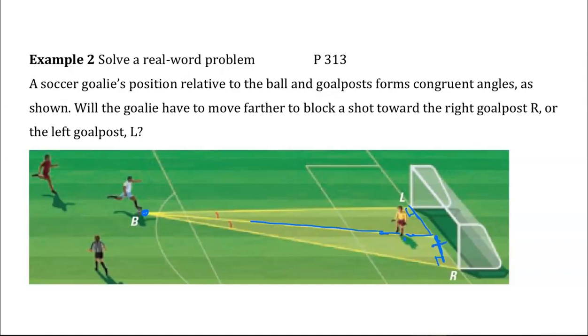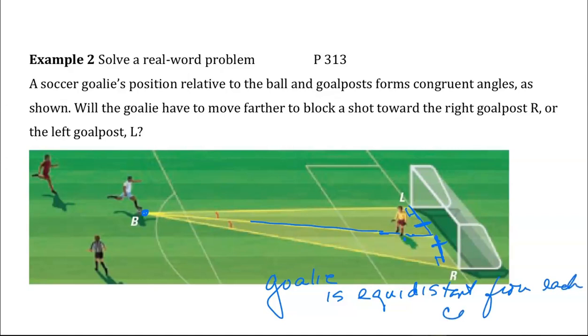So this will equal this. So the goalie is equidistant from each corner, since he's on the angle bisector.